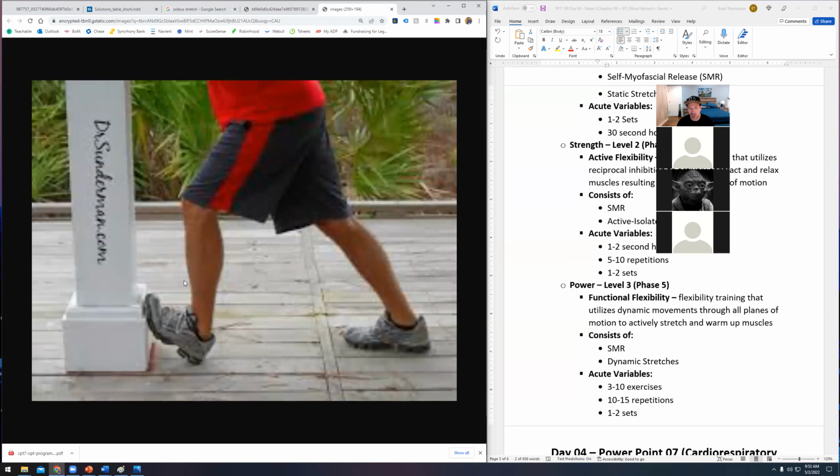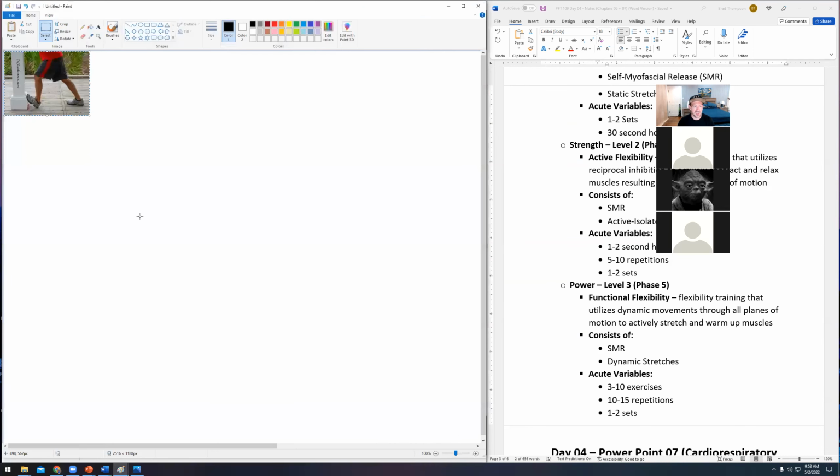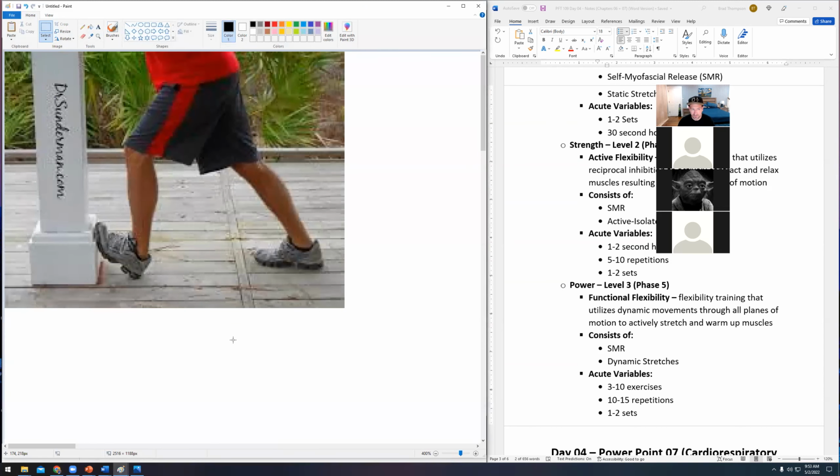But he's not just passively sitting there, right? He is creating length. We'll put the overactive muscle in red here, stretching this way, but with his underactive muscle, he is actively contracting this way.